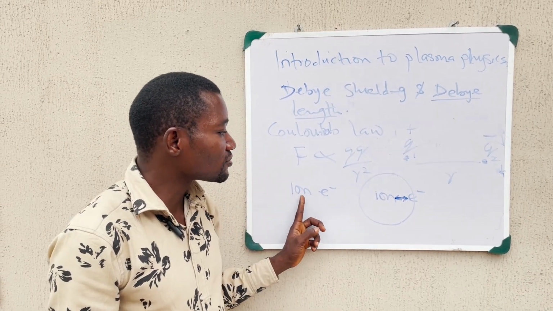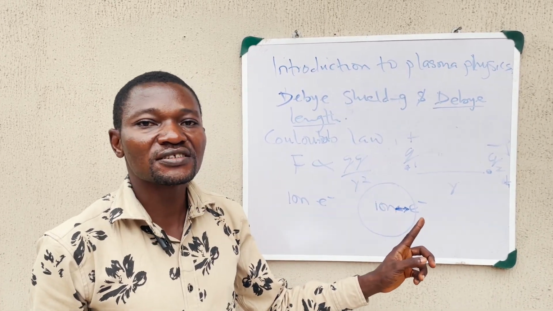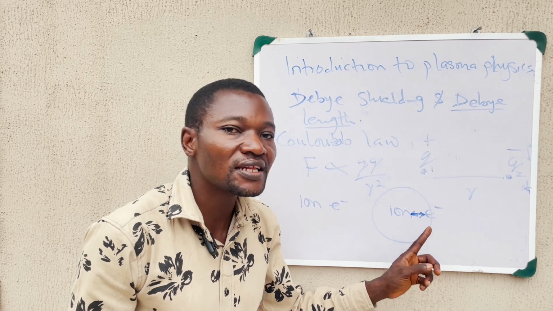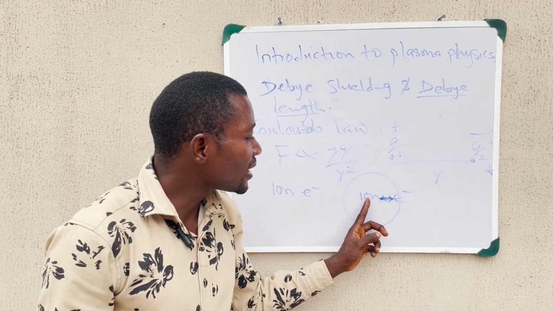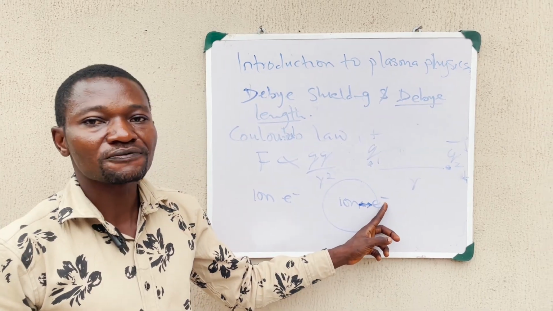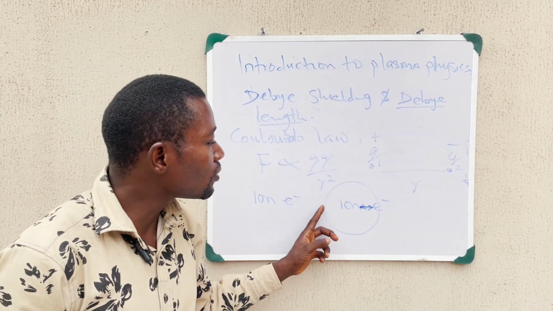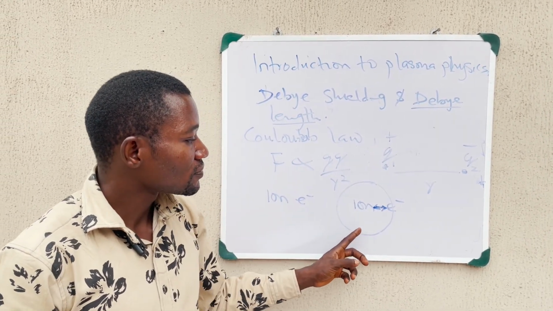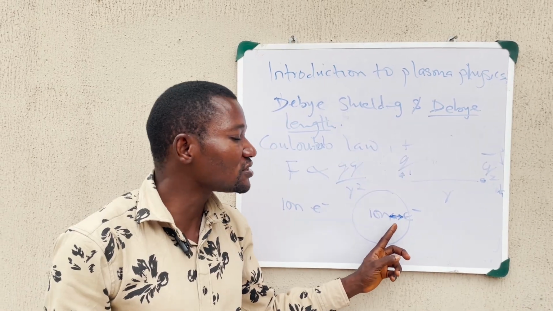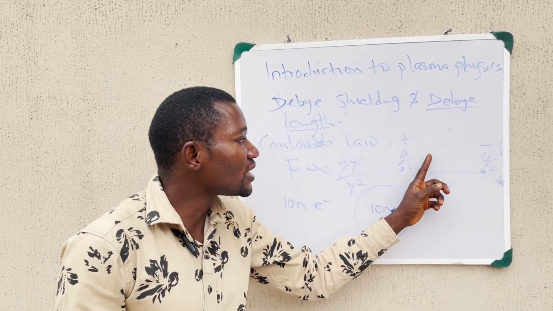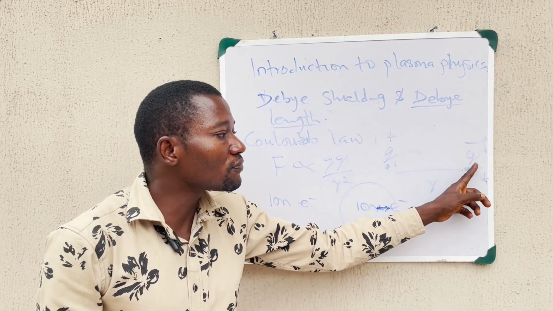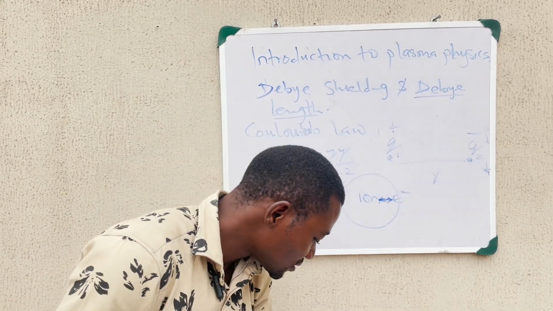But in the case of plasma, which we have earlier said is composed of ions and electrons, the moment an ion attracts an electron, the electrons will form a shield. And that shield makes the force of attraction definite, unlike the case of what? Coulomb's law for other charges.